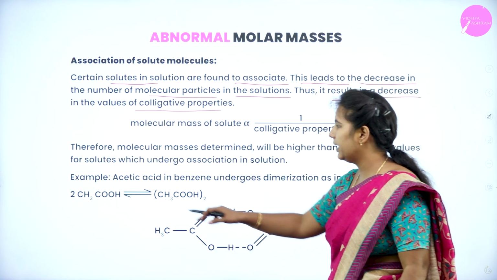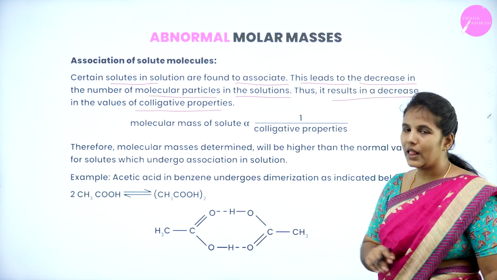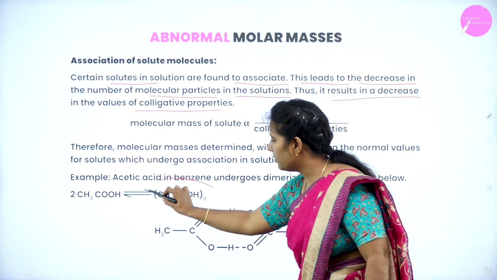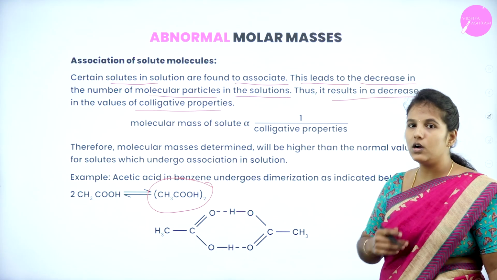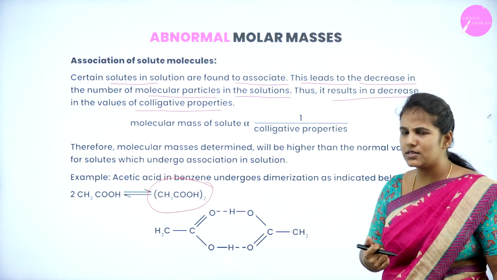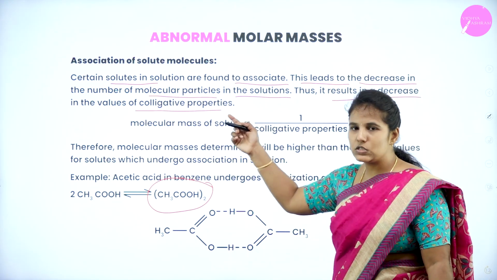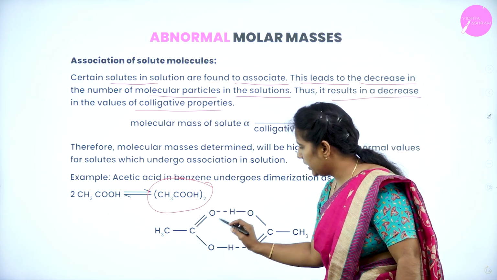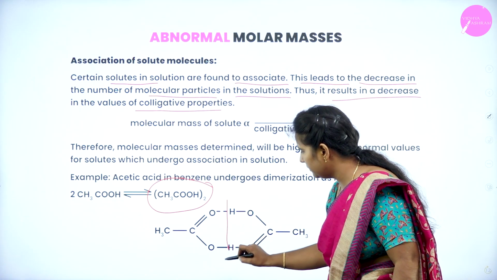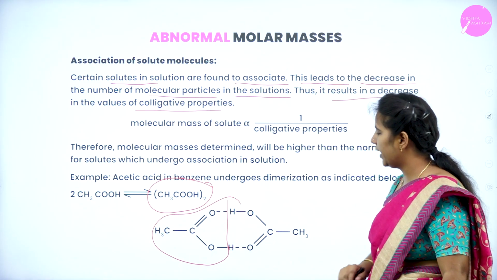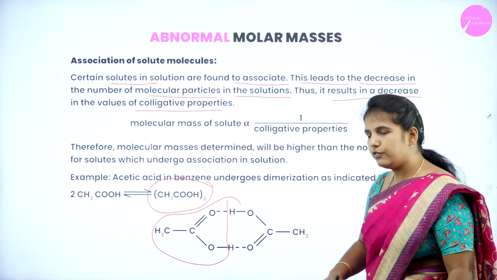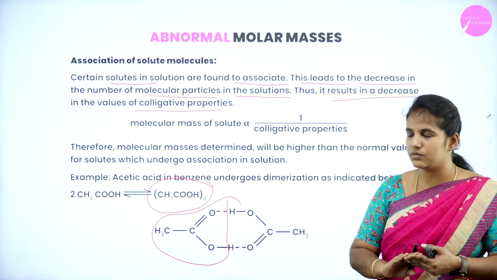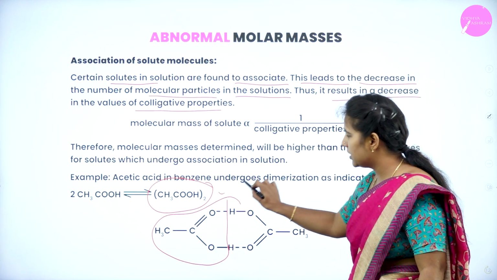The best example I can give you is acetic acid. Acetic acid in benzene solution will undergo dimerization. Why does it undergo dimerization? Because of the association of the solute molecules. So here this is 1 mole of acetic acid, CH3COOH, right? So one acetic acid molecule will combine with another acetic acid molecule and undergo dimerization.